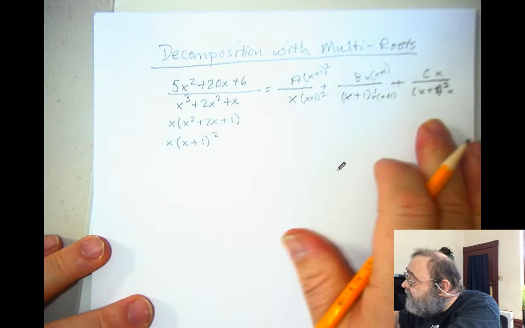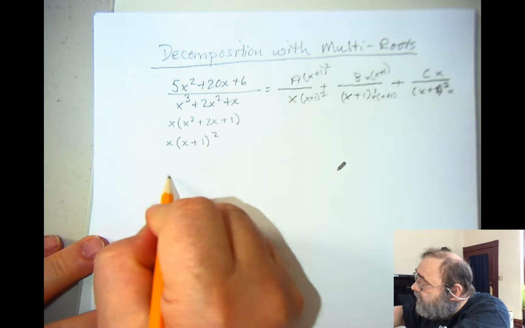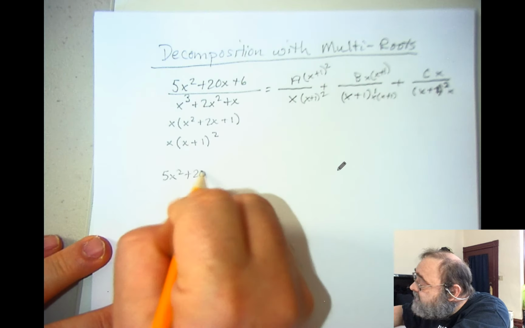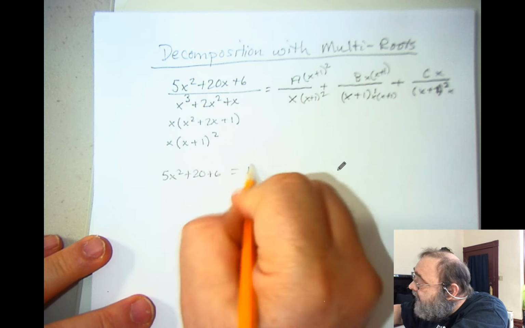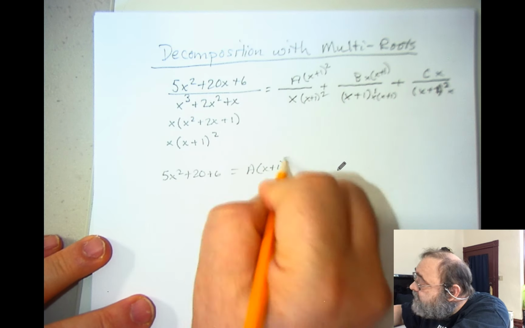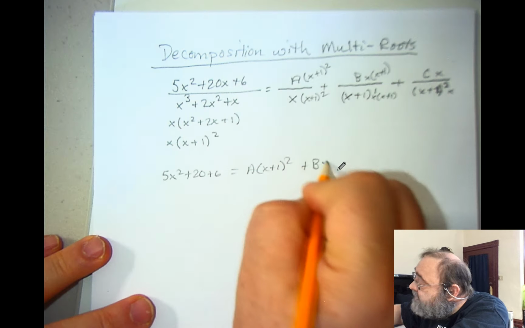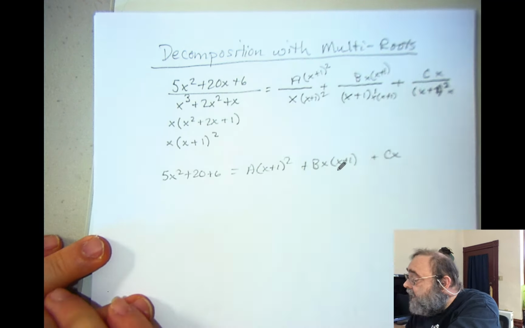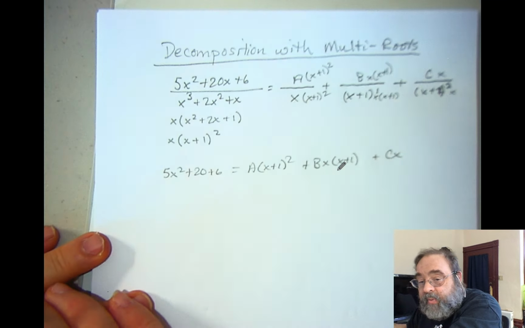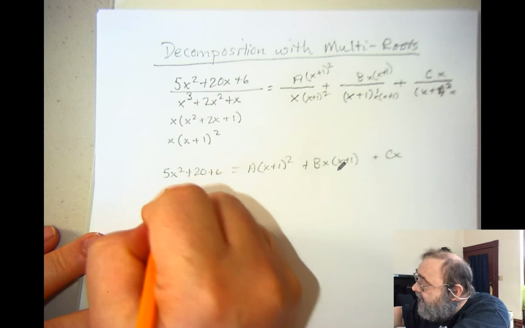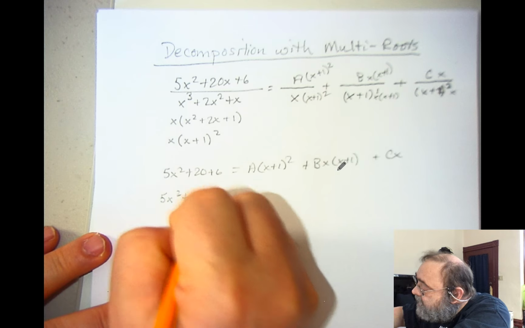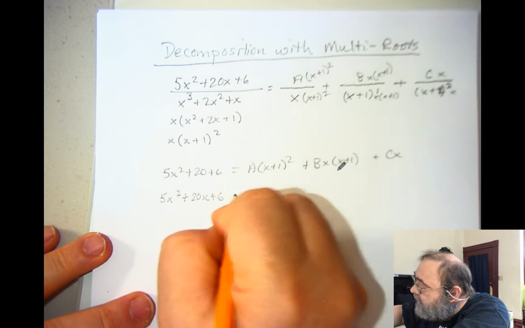When I have the common denominator in all three, I'm just going to work with the numerator. 5x squared plus 20x plus 6 equals a times (x plus 1) quantity squared, plus bx times (x plus 1), plus cx. And now I'm going to FOIL and distribute the a and the b and the x so that I can identify the quadratic portions, the linear portions, and the constant portions.